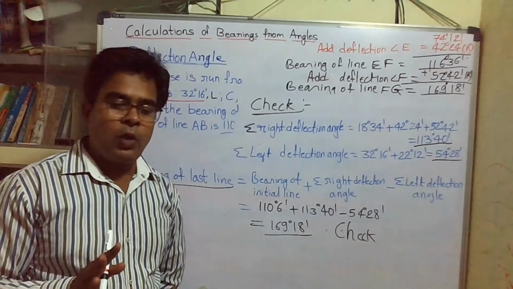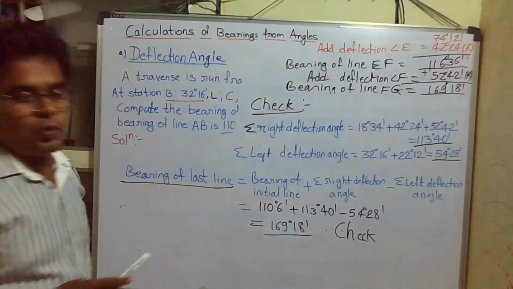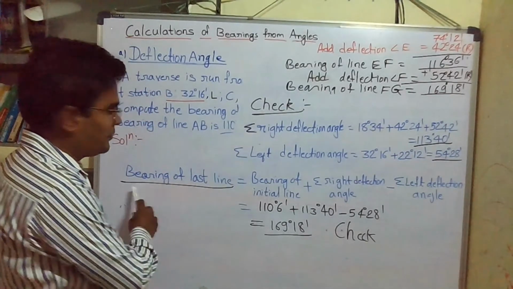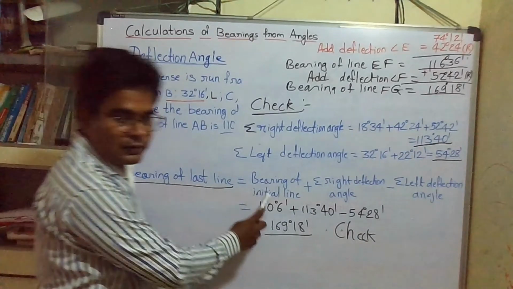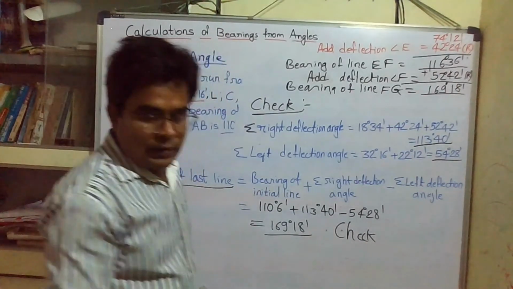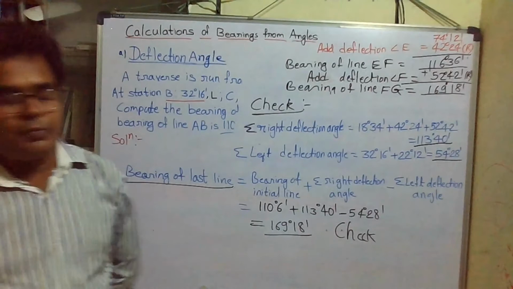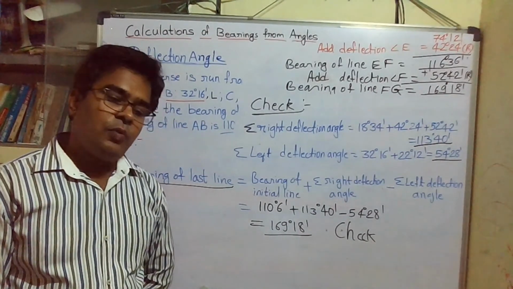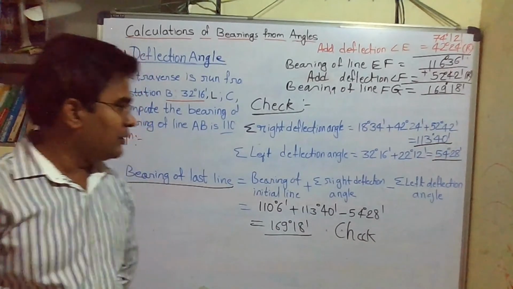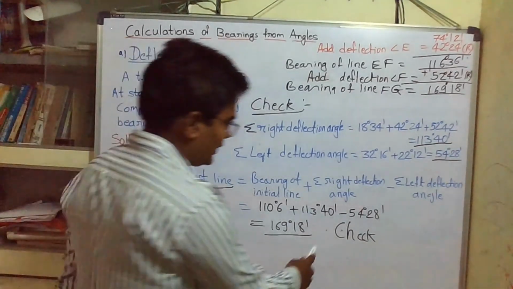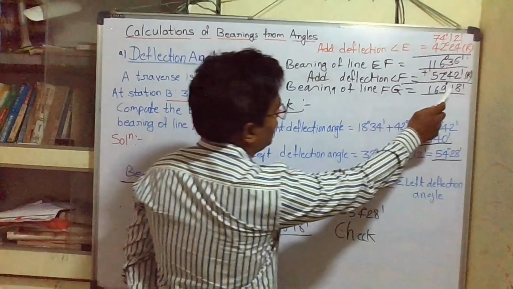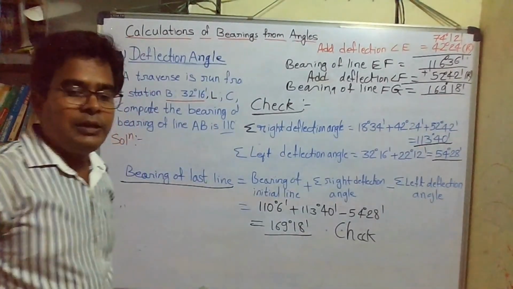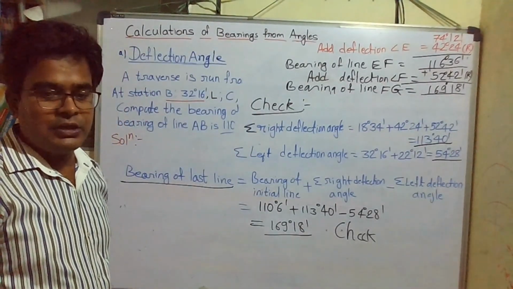After getting the bearing of all lines, we go for the check: the bearing of the last line is equal to the bearing of the first line plus the summation of all right hand deflections minus the summation of all left hand deflections. That value should equal what we have got as the bearing of the last line. This is the check.